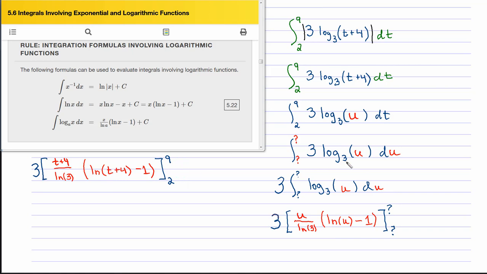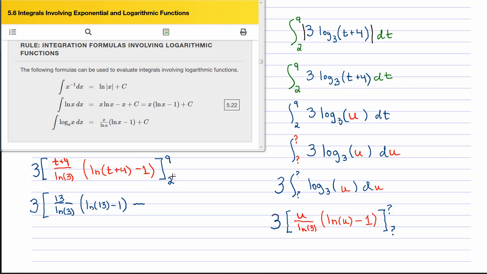And now we're basically done. Now you just plug in the numbers. So this is going to be 3 multiplied by, okay, so first I plug in 9. So I get 13 over the natural log of 3, and then multiplied by natural log of 13 minus 1. So that's what you get when you put in 9.